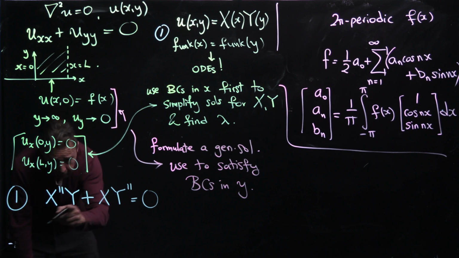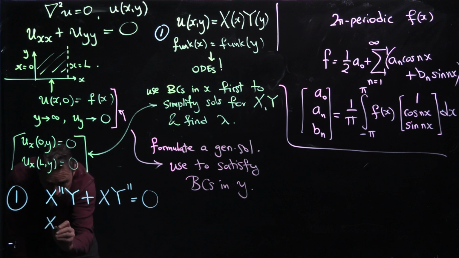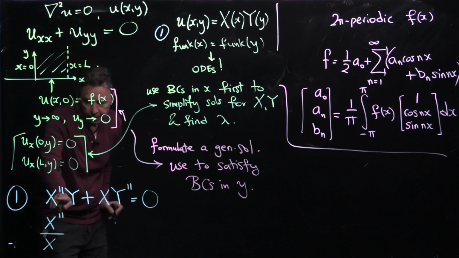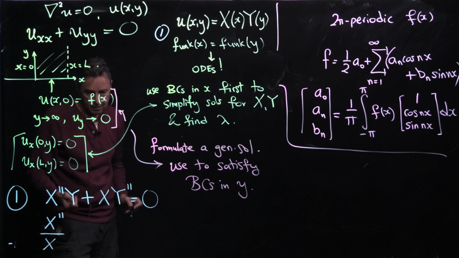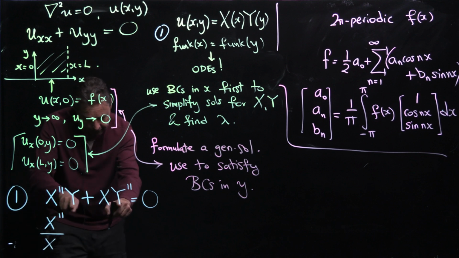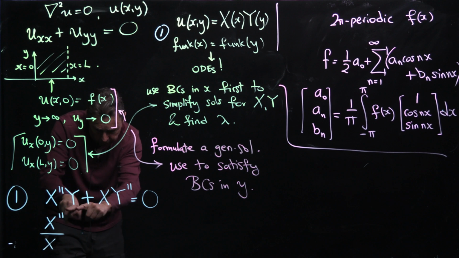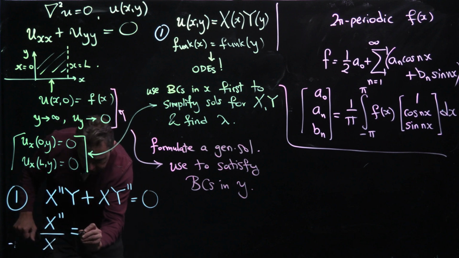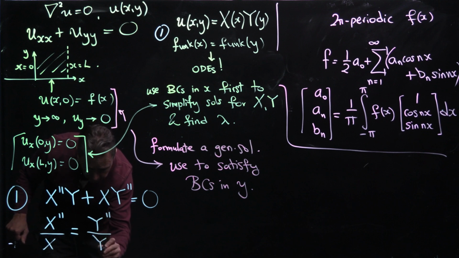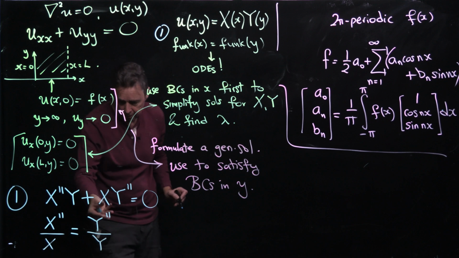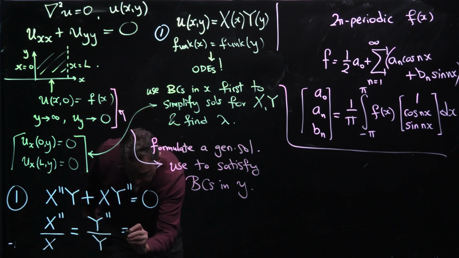So I can do that by dividing by big X and then dividing by big Y. So I get big X double prime divided by big X for the first term, and that's the function of X. Then the other one becomes big Y double prime divided by Y. Let's shove that on the other side of the equation. There's my function of X. There's my function of Y.